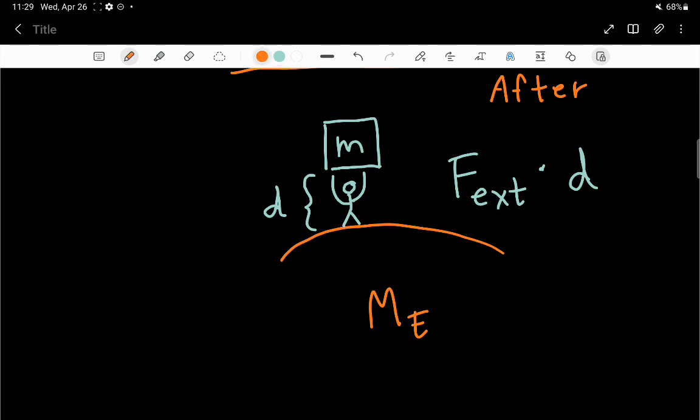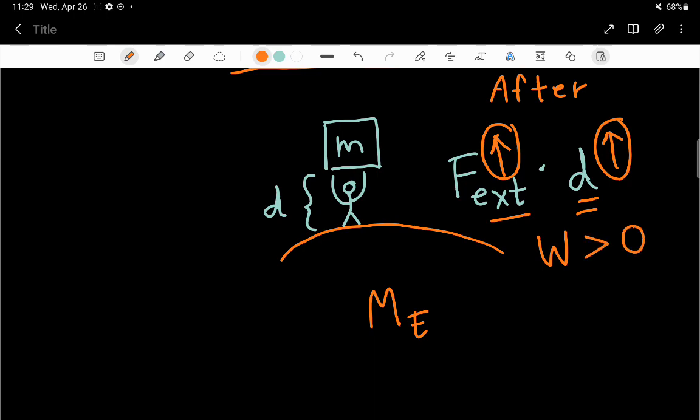Now, if you really think about it, and this is interesting, the force by the external person was upwards, and this displacement, this distance, was also upwards, right? This force was applied upwards. So when the two directions match, that's considered a work that is positive. And whenever the work done is positive, then you can imagine that the energy increased.